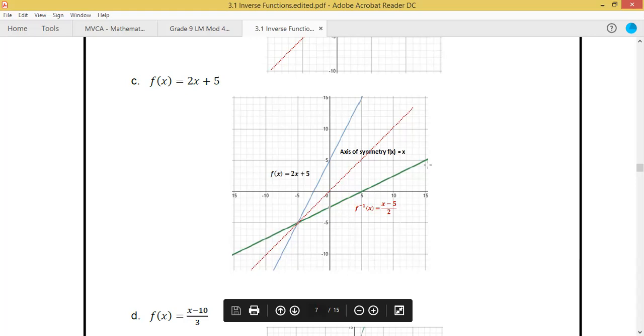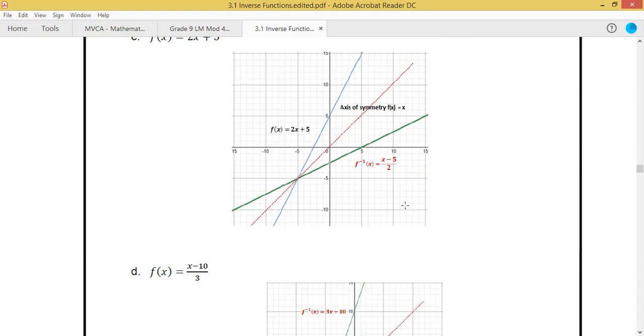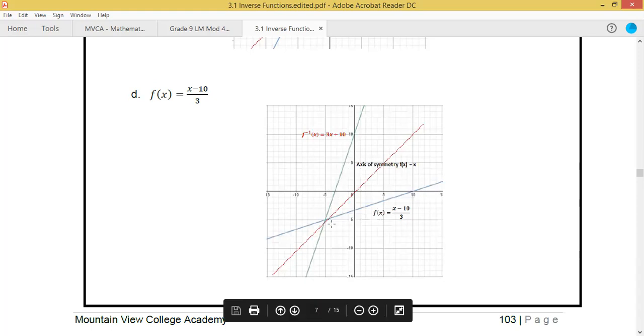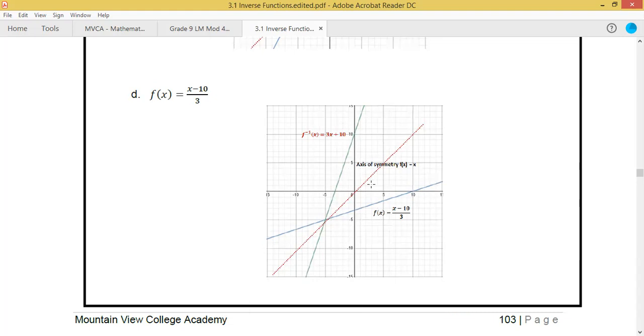We simply make a table of values for x and y. And for the last one, this is the axis of symmetry. Here's the line for 3x plus 10, and the other one is (x minus 10) over 3. Both are linear functions, that's why both of their graphs are lines.